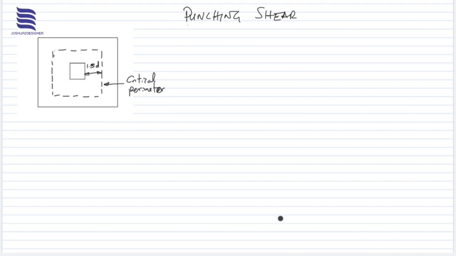So the first thing we want to determine now is the critical perimeter. Then we'll find the area within the critical perimeter. Then we would confirm if our concrete base is safe against the punching effect. For the critical perimeter, let's call that u0.